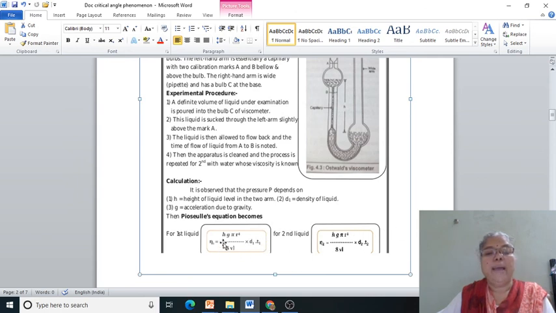Here, as all these factors h, g, π, r^4/8VL are constant factors for the viscometer, we can take the ratio and we will get η1/η2 = d1t1/d2t2, and substituting these values we can find the viscosity of the liquid.